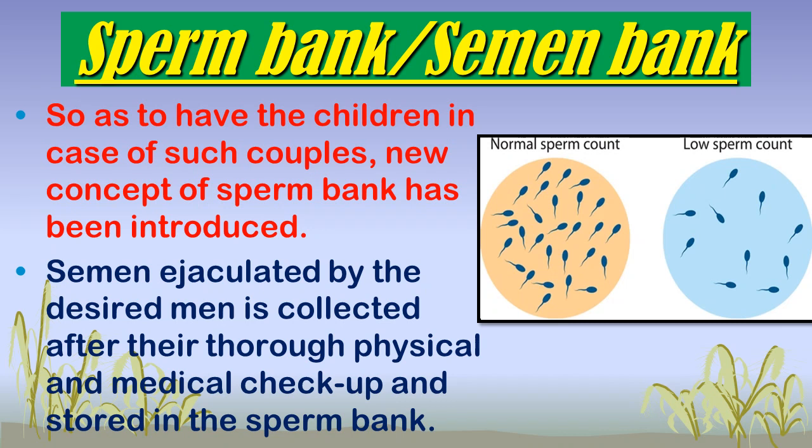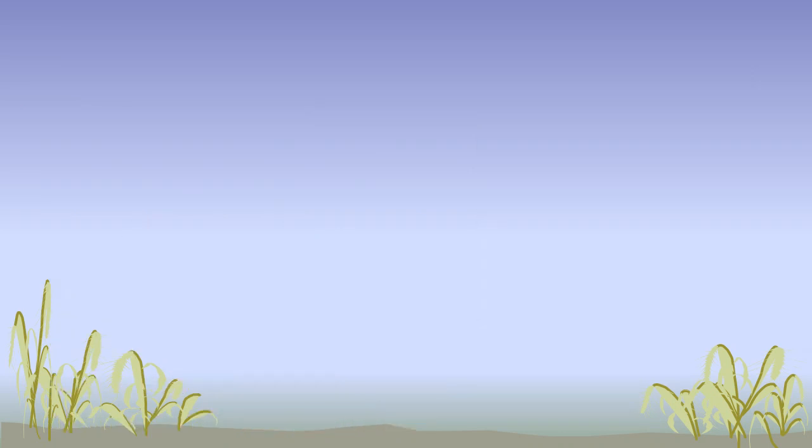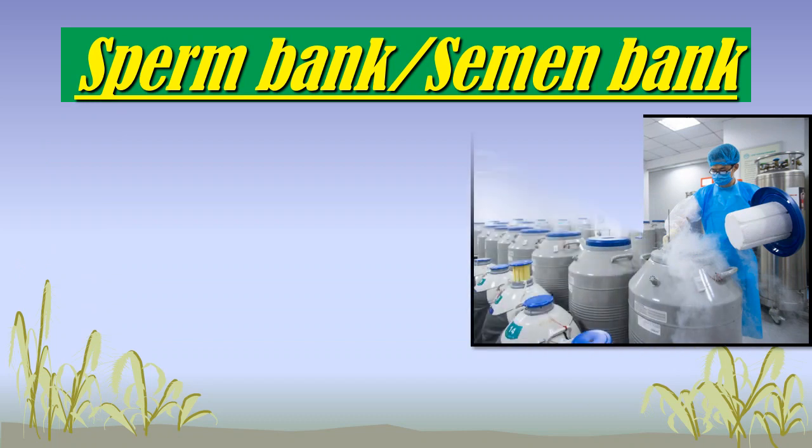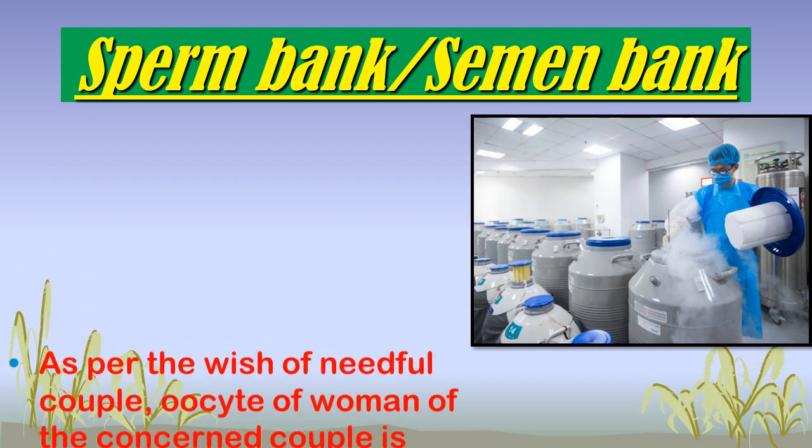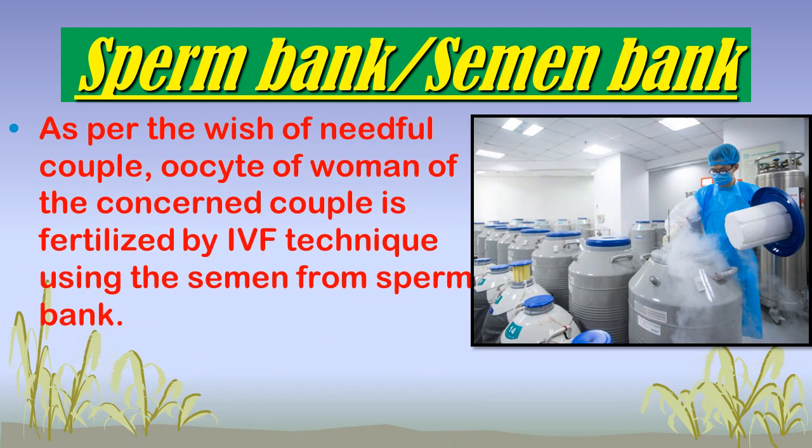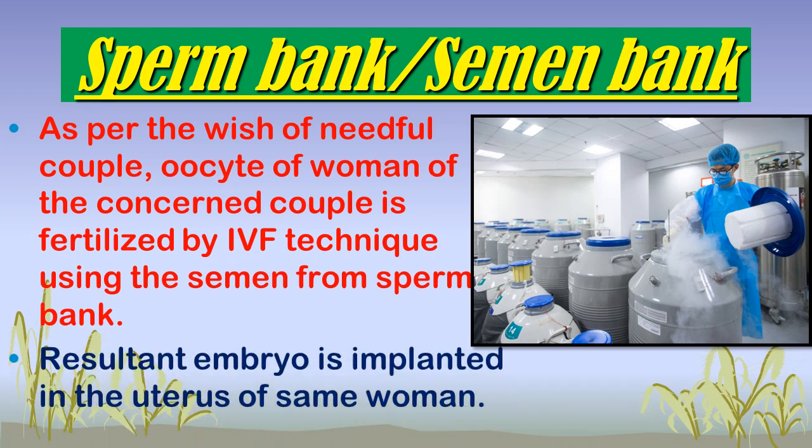This is similar to a blood bank, in which the blood of a normal person is stored. Okay, and as per the wish of the needful couple, the oocyte of the woman of the concerned couple is fertilized by the IVF technique using the semen from the sperm bank, and the resultant embryo is implanted in the uterus of the same woman. The name of the semen donor is strictly kept secret as per the law of the government.